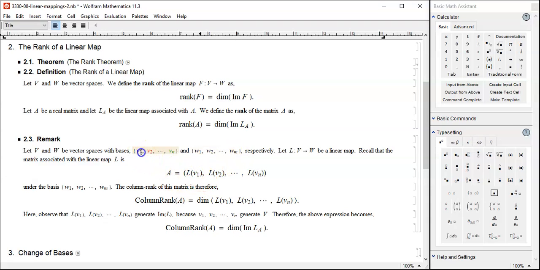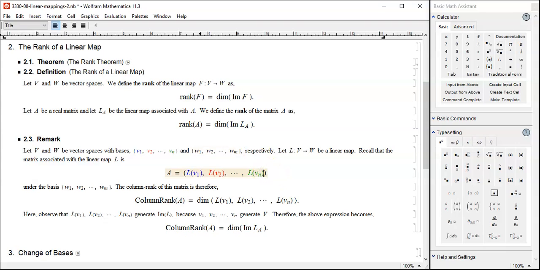So the image vector of v1, we express its coordinate vector as a column, and image vector L of v2 express it as a column, and finally the image vector L of vn and express its coordinate vector as a column with respect to the basis w1, w2 all the way to wm.